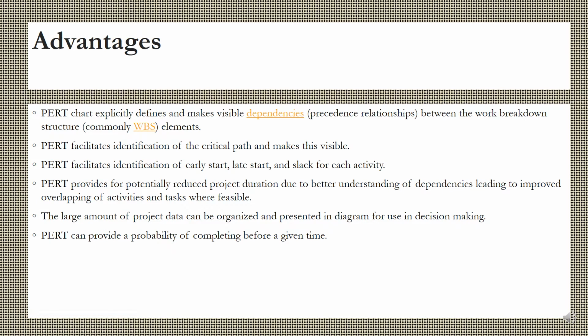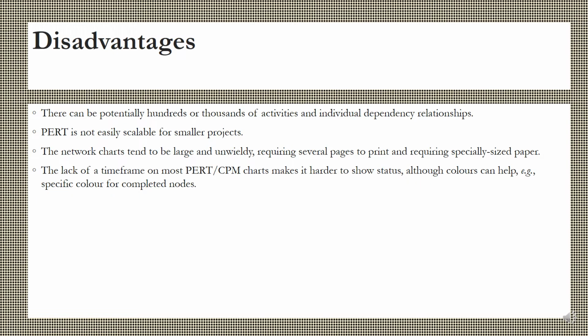Now we come to the disadvantages of PERT. There can be potentially hundreds and thousands of activities and individual dependency relationships, right? So it would be very complex and difficult in that case. PERT is also not easily scalable for smaller projects. The network charts tend to be large and unwieldy, requiring several pages to print and requiring specially sized paper.